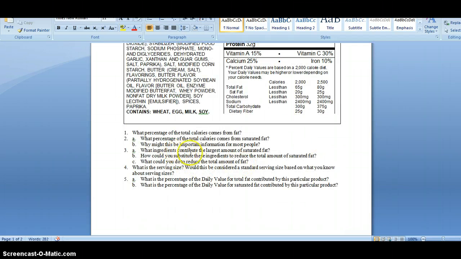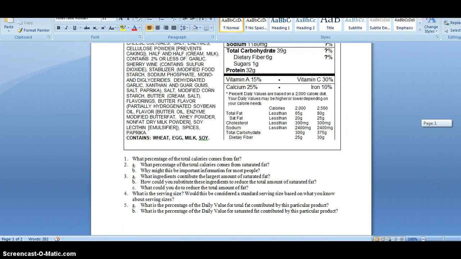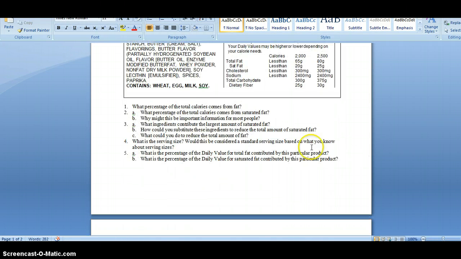After you decide what ingredients contribute the largest amount of saturated fat, then how could you substitute these ingredients to reduce the total amount of saturated fat? Again, read on page 174 to 180. That will give you some good information on how you could substitute these ingredients, as well as what you could do to reduce the total amount of fat.